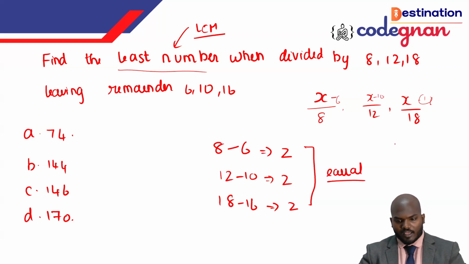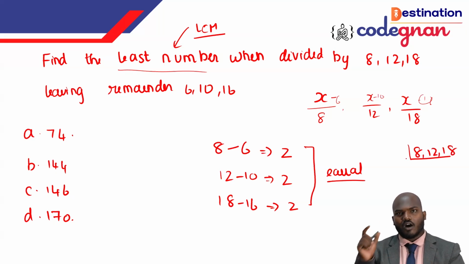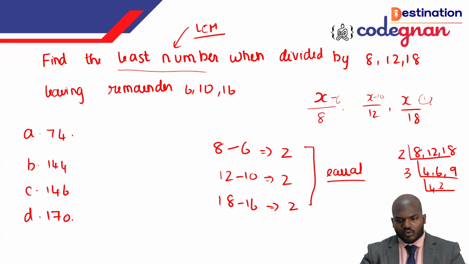So now I am taking the LCM of 8, 12 and 18. By the way, we consider the common multiple that is completely divisible by 8, 12 and 18. You can easily find it out, guys. Taking 2, it gives 4, 6 and 9. Again using 2, it becomes 2, 3 and 9. Then using 3, it becomes 2, 1 and 3, then 3 again, and finally 1, 1 and 1.